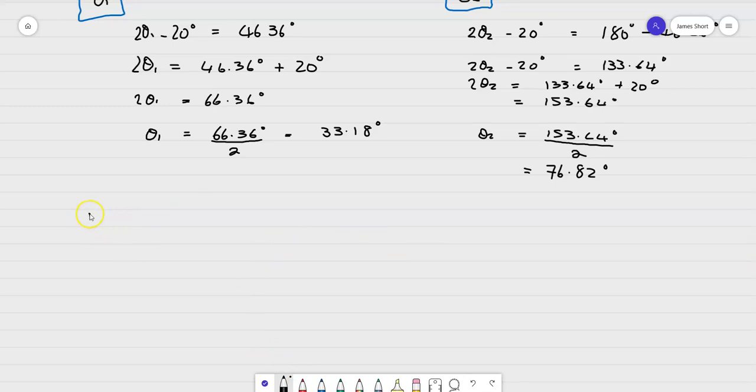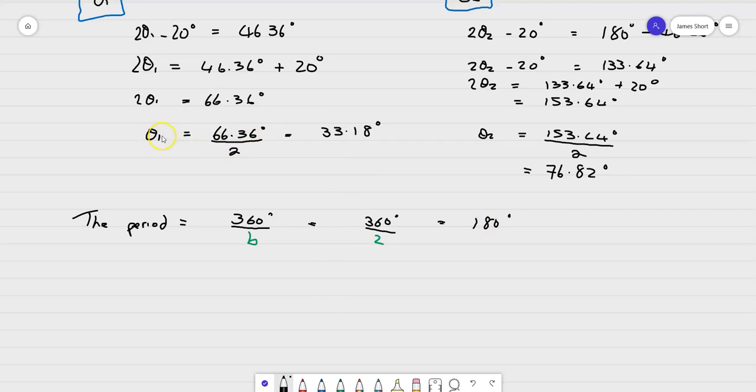The period is equal to 360 degrees divided by the period coefficient b. And that equals 360 degrees divided by 2, which gives us 180 degrees.